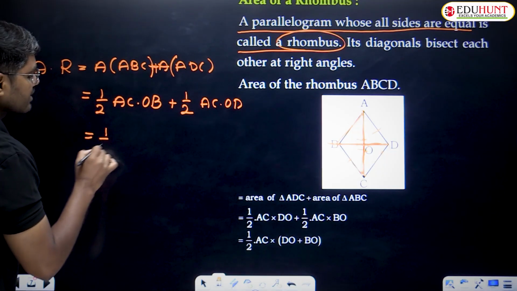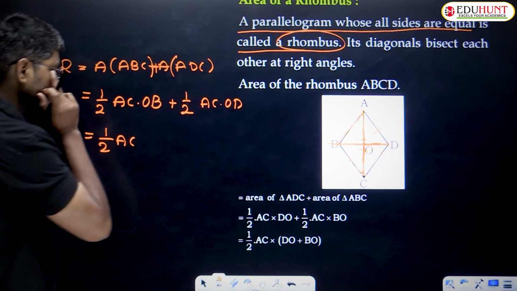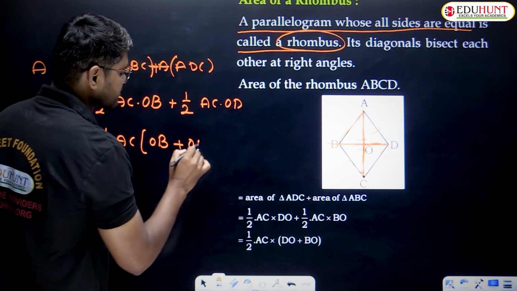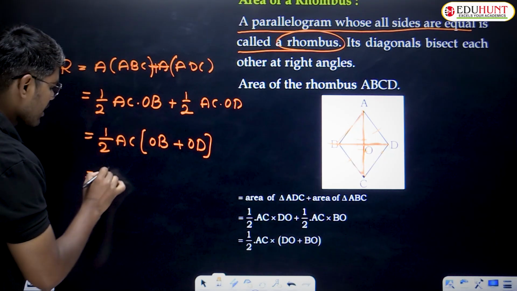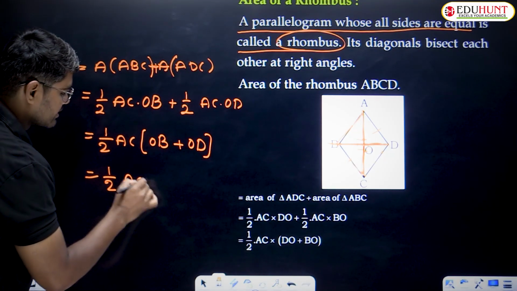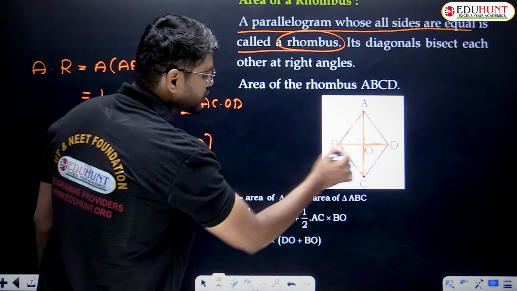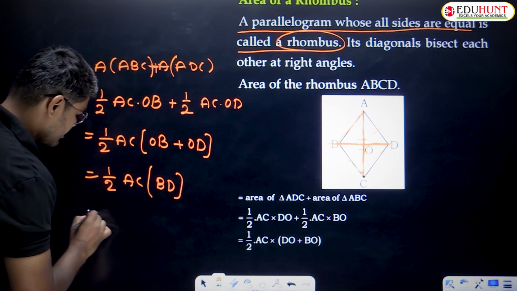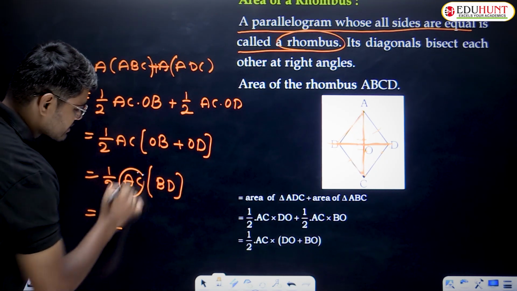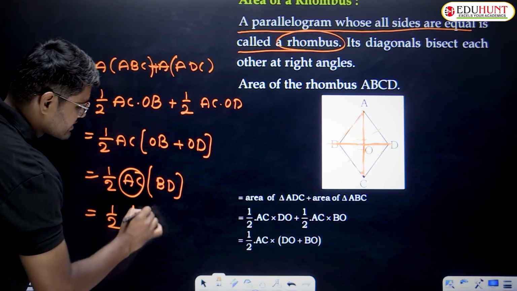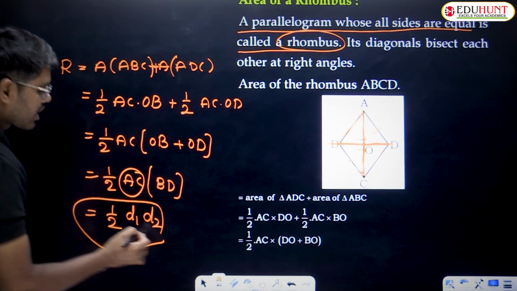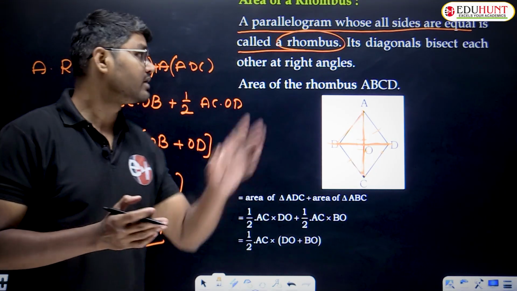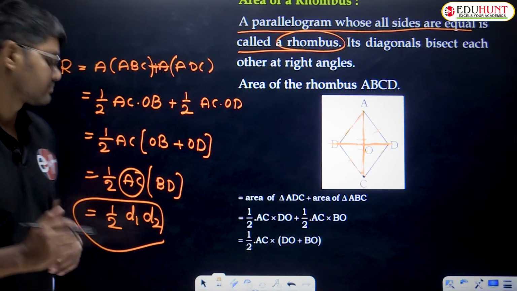Here we can take half AC common. This is OB plus OD. Half into AC into OB plus OD. OB plus OD is BD. Half into AC is one diagonal and BD is another diagonal. So we can take half into D1 into D2. Half into diagonal 1 into diagonal 2, that is area of rhombus.